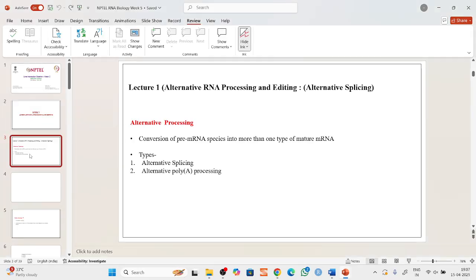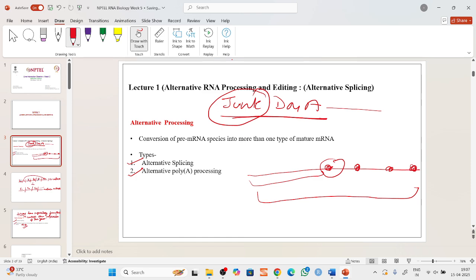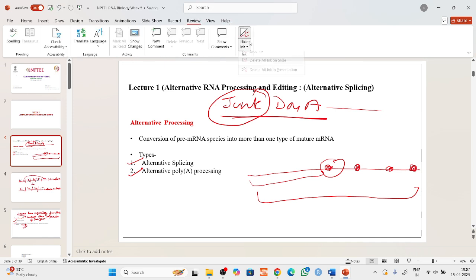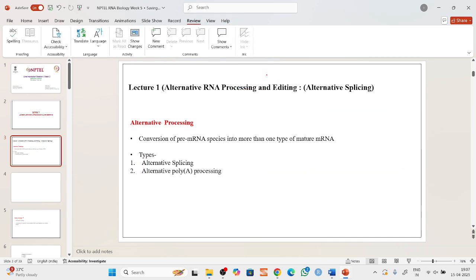Okay, let it be. So alternative splicing and alternative poly-A processing, these are the two kinds of alternative processing. That means one pre-mRNA, this is your pre-mRNA, can form more than one kind of mature mRNA, because the pre-mRNA can be processed in more than one way.